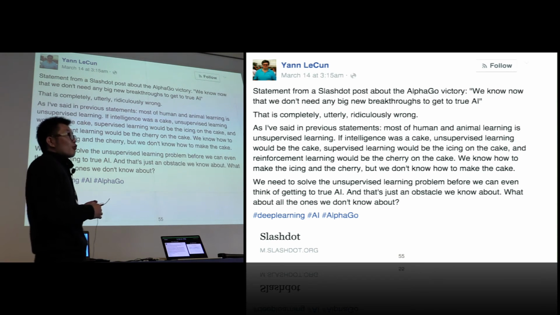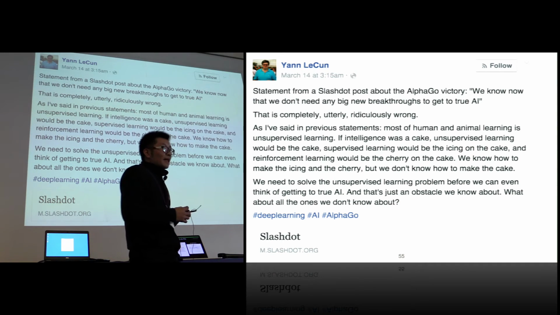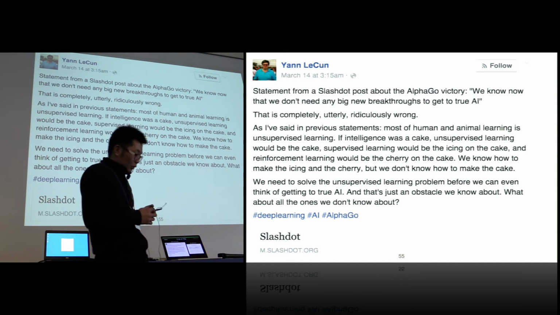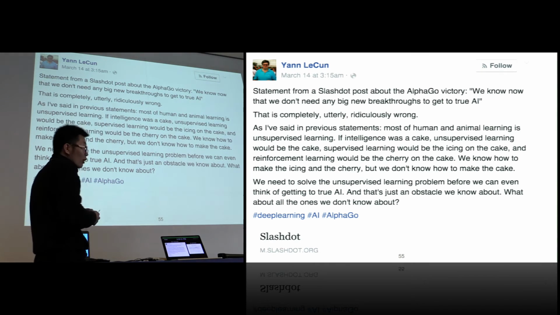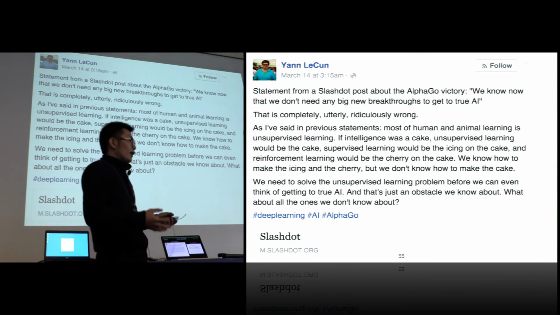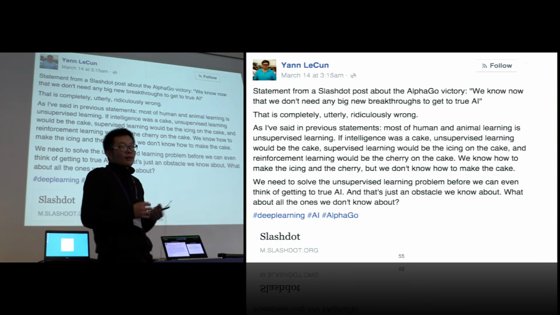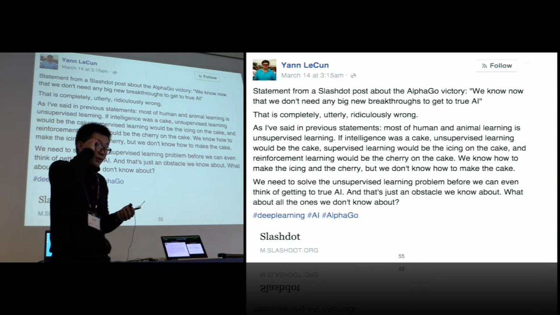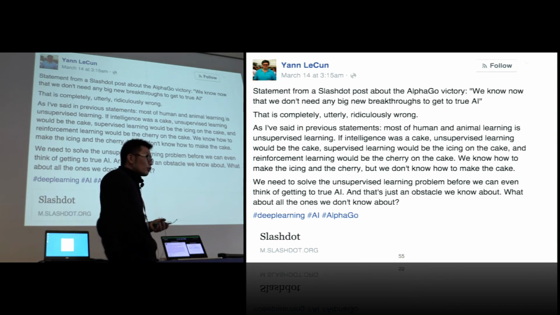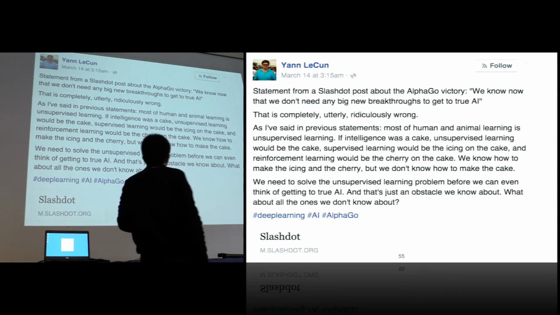He is very angry about the exaggeration and misinterpretation of the victory of AlphaGo. It's not true that we saw true AI. True AI means we can make a machine smart enough to reason. AlphaGo makes moves, but it's not with true reasoning behind it.